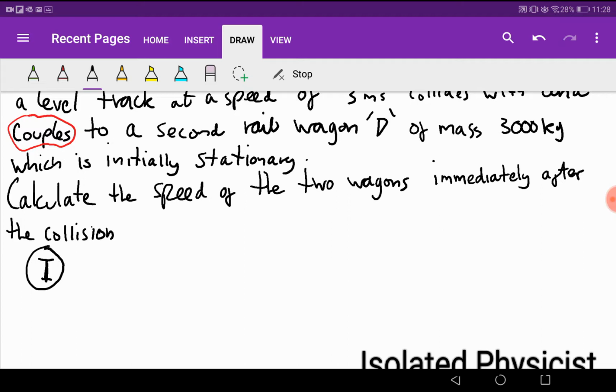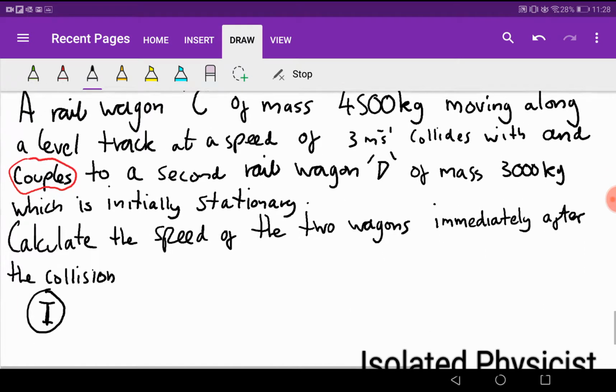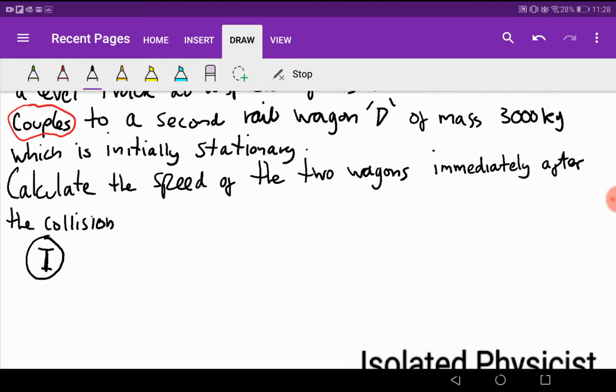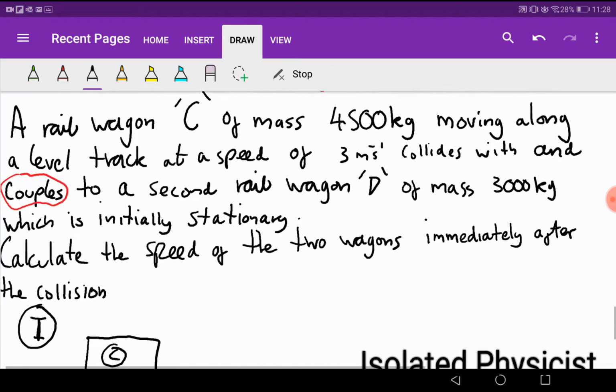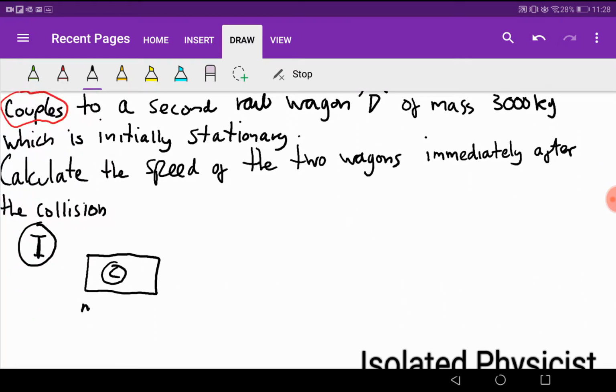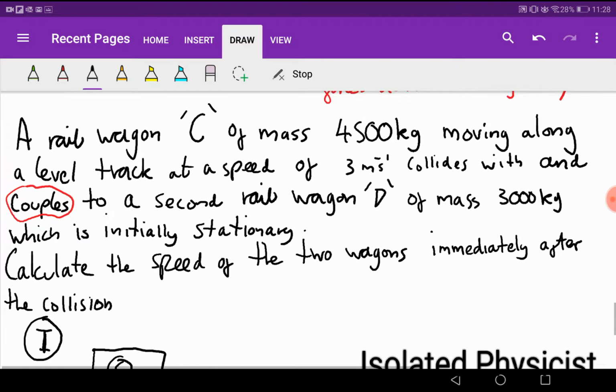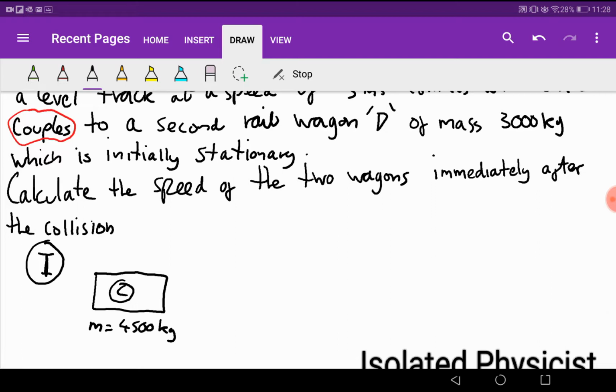So our initial, what have we got here? Rail wagon C. That's got a mass of 4,500, and it's going at a speed of 3 meters per second.